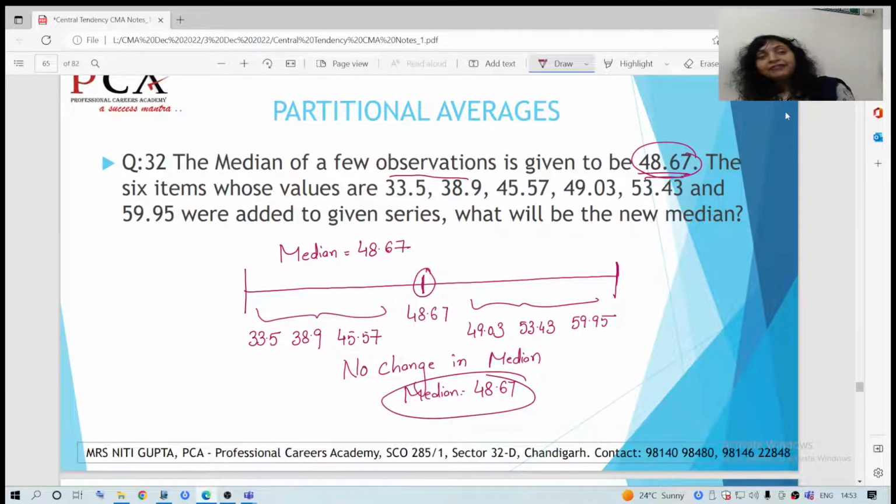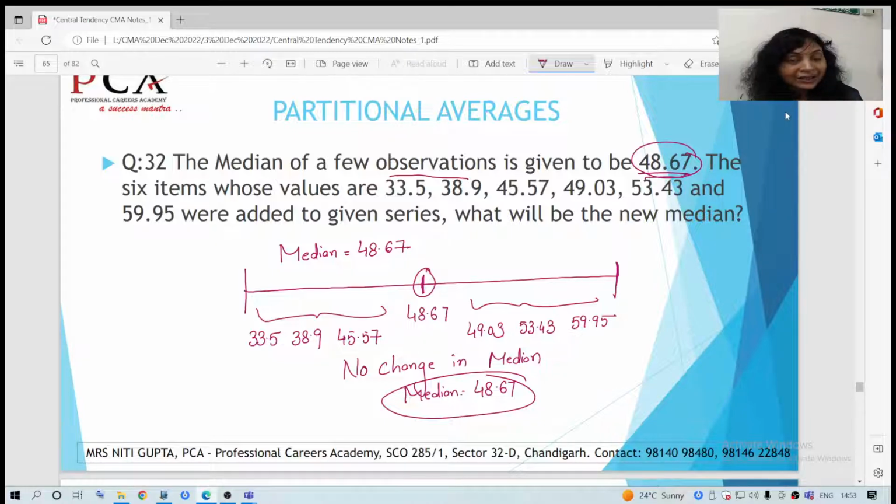But if, while introducing the 6 items, the items are such that 4 items are on the left hand side and 2 items on the right hand side, or 2 items on the left hand side and 4 items on the right hand side, then it will affect the position of the median. So if the introduction of items changes your mid position, then we'll simply say our median changed.